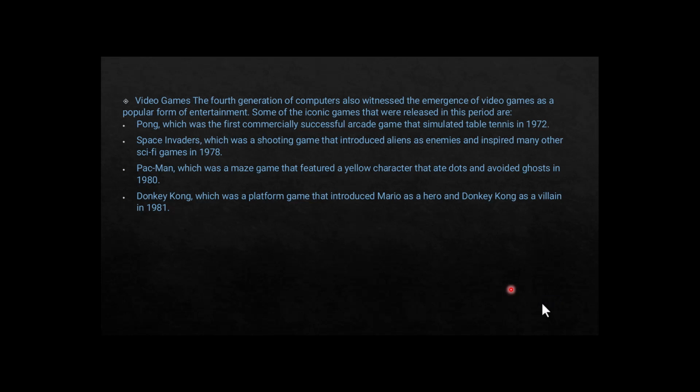We have Space Invaders, which was a shooting game that introduced aliens as enemies and inspired many other sci-fi games in 1978. We have Pac-Man, which was a maze game that featured a yellow character which ate dots and avoided ghosts in 1980. We have Donkey Kong, which was a platform game that introduced Mario as a hero and Donkey Kong as a villain in 1981.